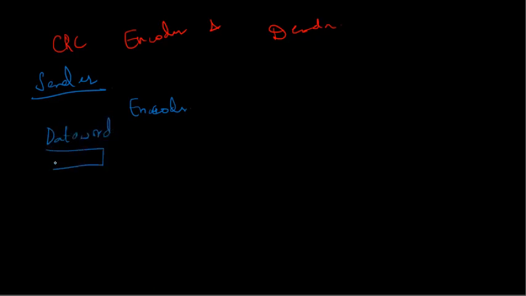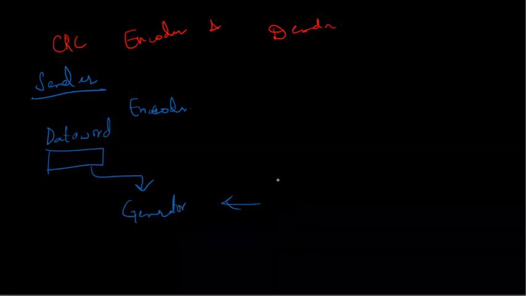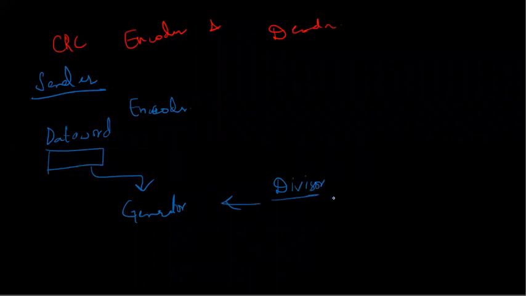Suppose we have a data word. That data word is given to a generator, and the generator takes a divisor. Which divisor is taken, we will study later, but basically the generator takes a divisor and divides the data word.